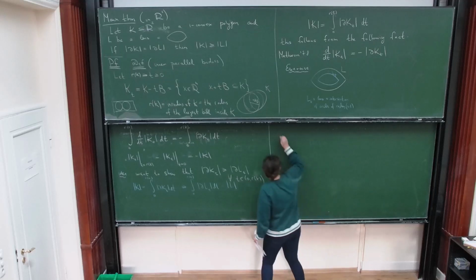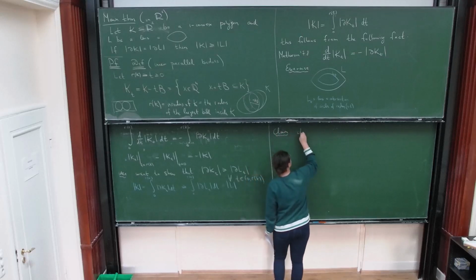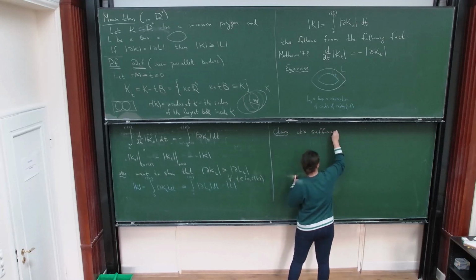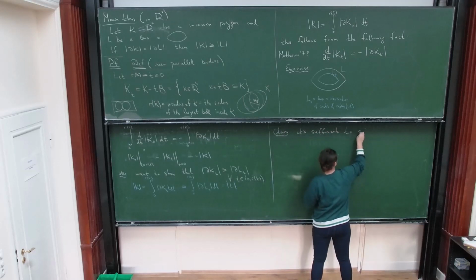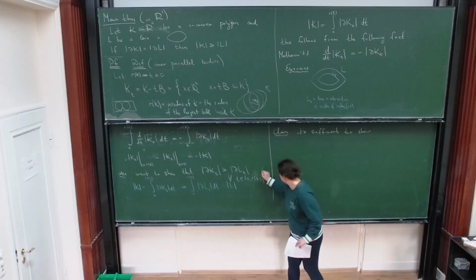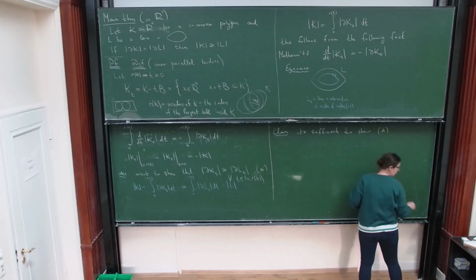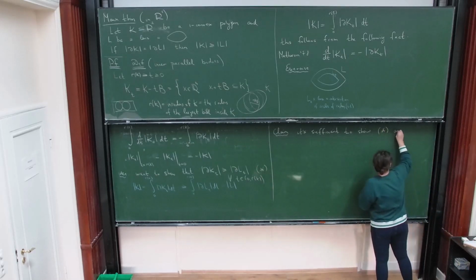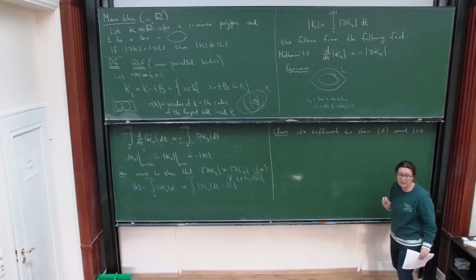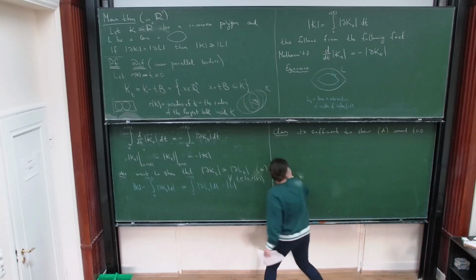So my claim is that it is actually sufficient to show this, let's call it star, only in some small neighborhood of t equal to 0. So why is this the case?